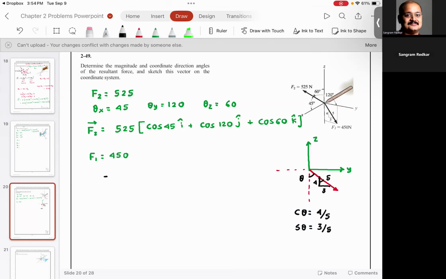So F1 is going to be 450 times cosine theta, minus cosine theta k plus sine theta j.